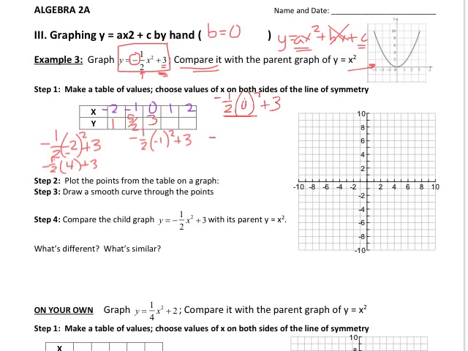And if I plug in 1, I'm going to square 1, and I get 1 times negative 1/2, which is negative 1/2, plus a 3. So I have another 5/2. And when I plug 2 in, negative 1/2 times 2, we have to square the 2, and that result is going to end up being 1.